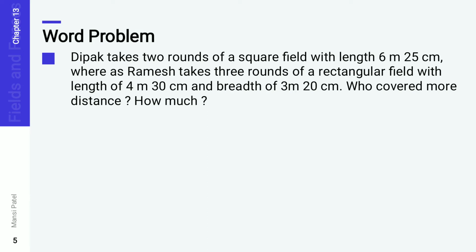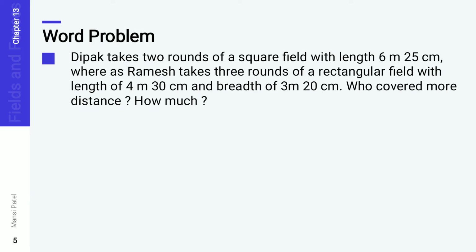See here in this question, first of all you have to understand the question. The question is that Deepak and Ramesh, these both are friends. Now they are taking some rounds in the morning.